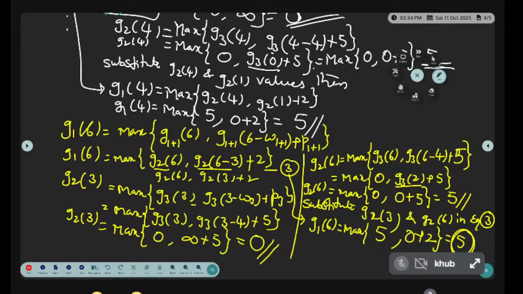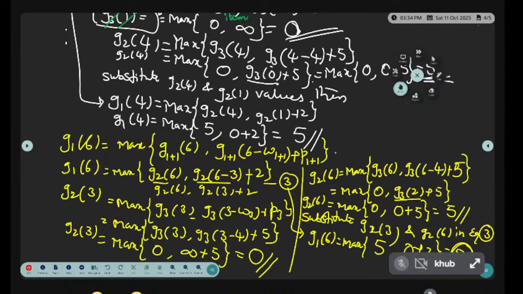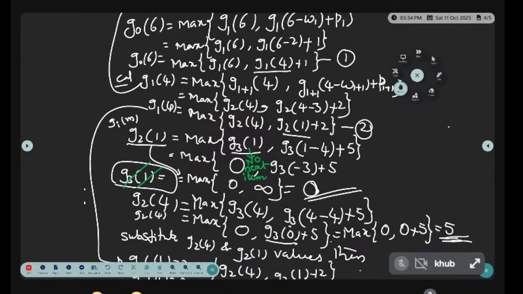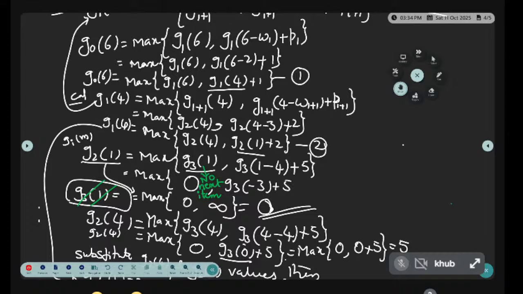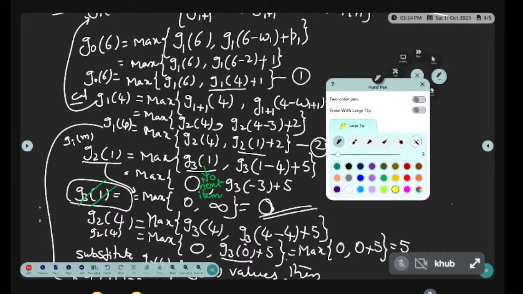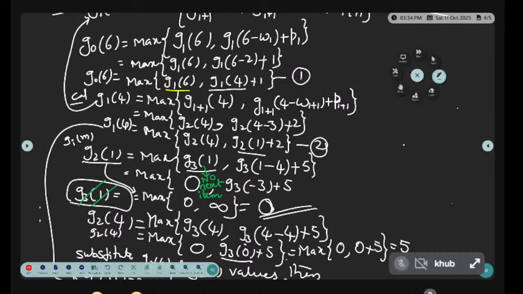So here G1 of 6 is 5 and go for the equation 1. From equation 1, you know G1 of 6, you know G1 of 4 also. రెండు తెలుసు కదా.